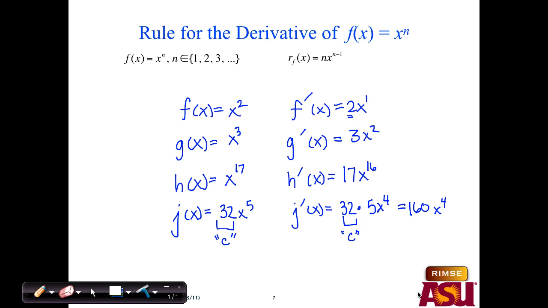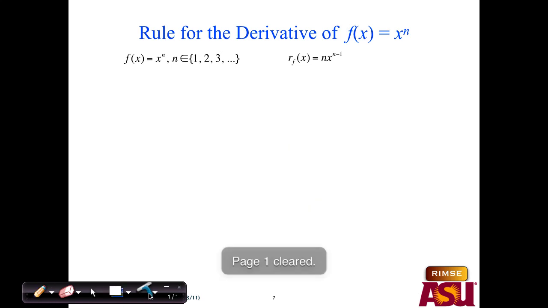So this one rate of change function rule lets us deal with all sorts of powers of x. And I know that you talked about some of the algebra of this in recitations, but just as a further example, if I had something like g of x equals 1 over x to the 7th power, how could I express g of x as a power function?